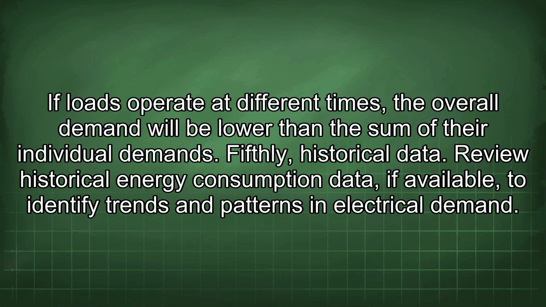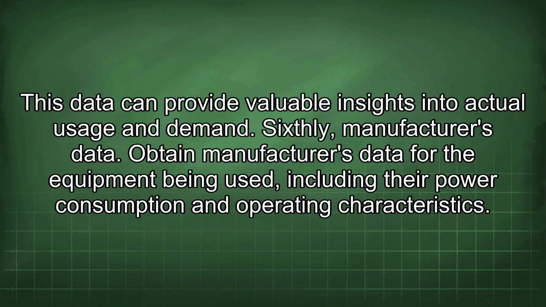Fifthly, historical data. Review historical energy consumption data, if available, to identify trends and patterns in electrical demand. This data can provide valuable insights into actual usage and demand. Sixthly, manufacturer's data. Obtain manufacturer's data for the equipment being used, including their power consumption and operating characteristics.